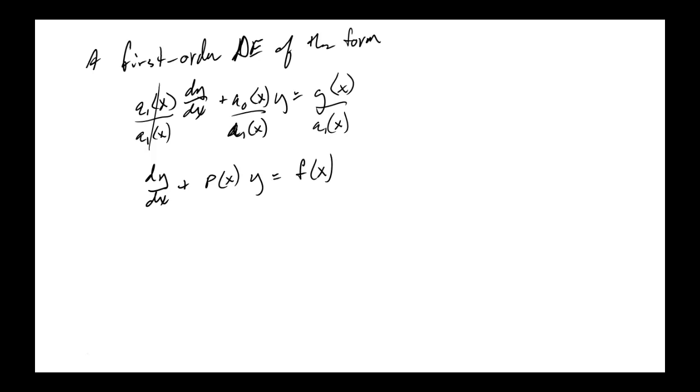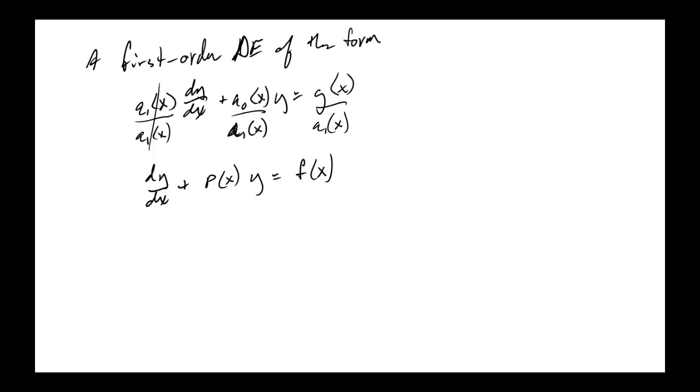Now, one thing not to do: don't assume that p of x is a polynomial function. I know capital P of x is often used for a polynomial function. It may be, and that may be fine, but it doesn't have to be. It's just some p of x. Now, we seek a solution on some interval I for which both the coefficient functions p of x and f of x are continuous.